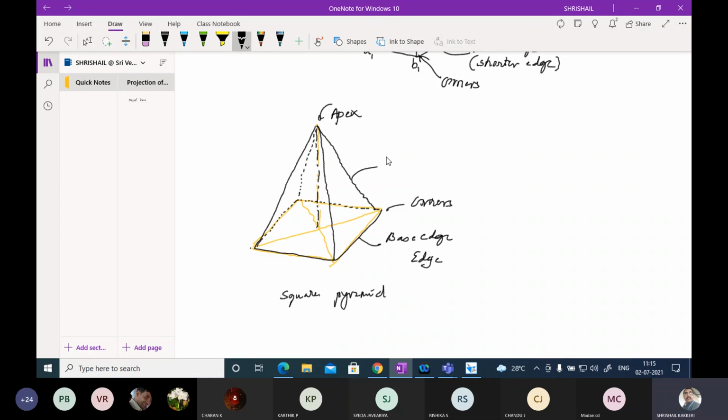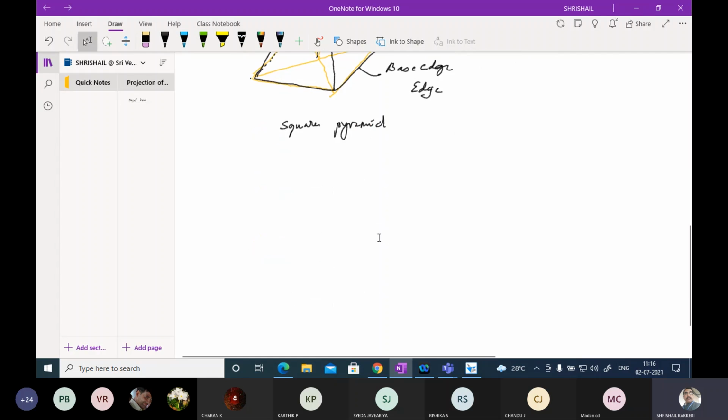And this is called a slant edge. And this is called the triangular surface, or simply we can say slant surface. Like this, these are all the different terms we'll be using while doing the problems.